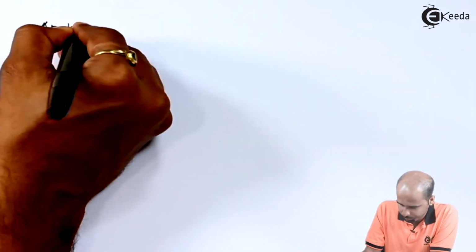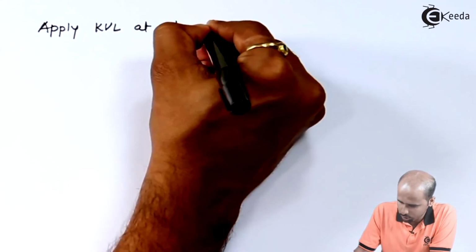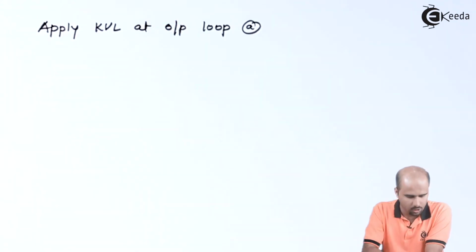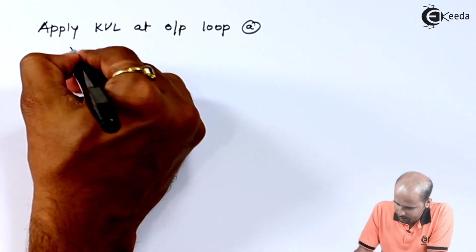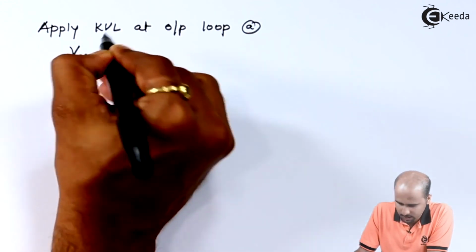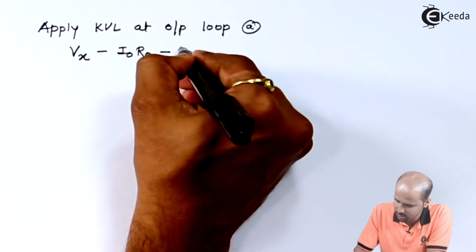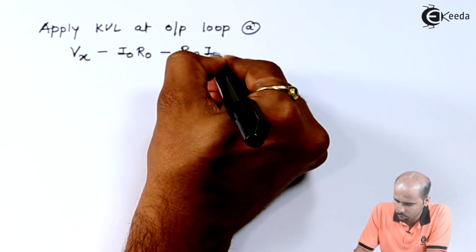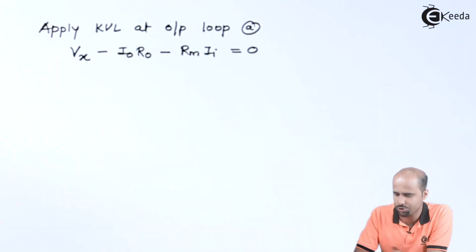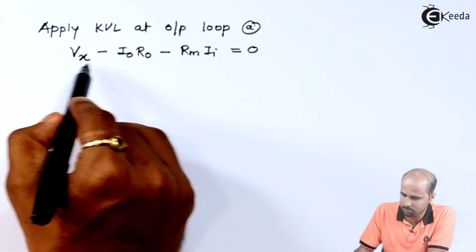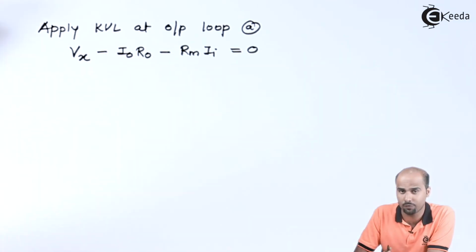So whatever we get, we will write as far as KVL is concerned. So for loop A, KVL gives Vx minus IO RO minus Rm into II is equal to 0.